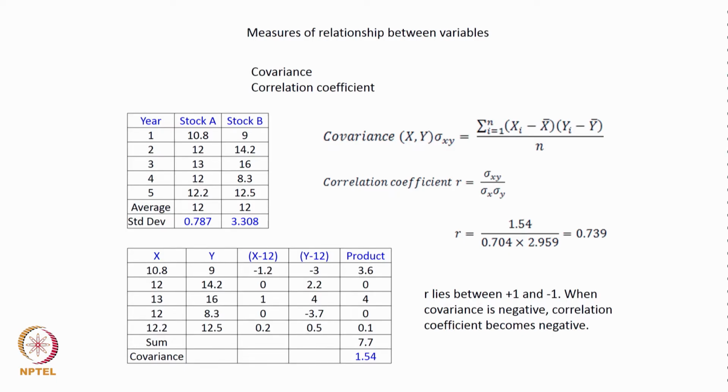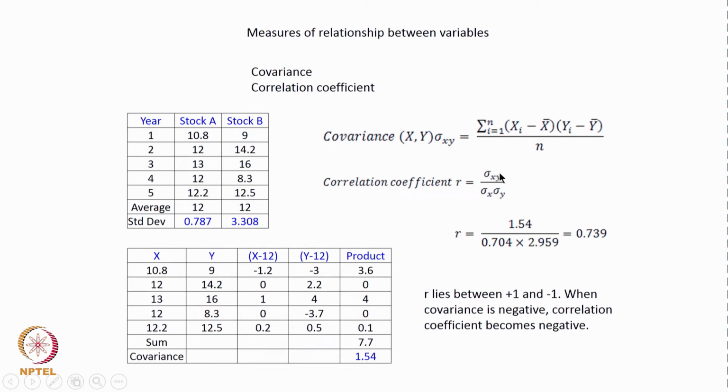So, when we take the sum of the products, the negatives, if there are any in this column, will actually reduce the sum. So, covariance is sigma (xi minus x bar) into (yi minus y bar) by n, and in our case 7.7 is the sum of the products, and 7.7 divided by 5 is 1.54, which is shown here as sigma xy, which is the covariance.